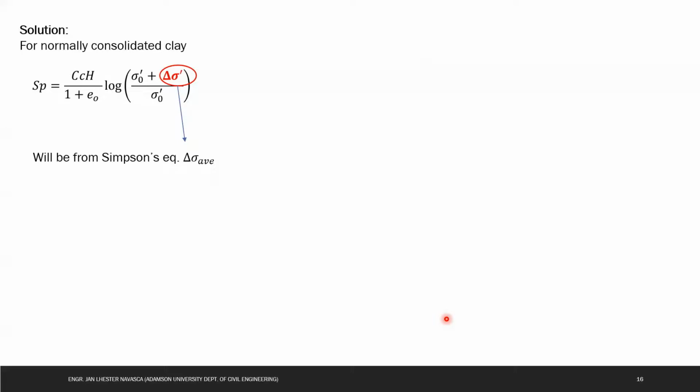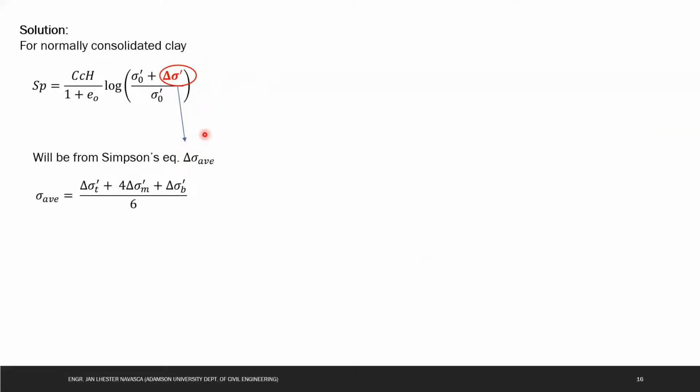That induced pressure is not the pressure on top. Under the setup for a foundation, that value will now change.